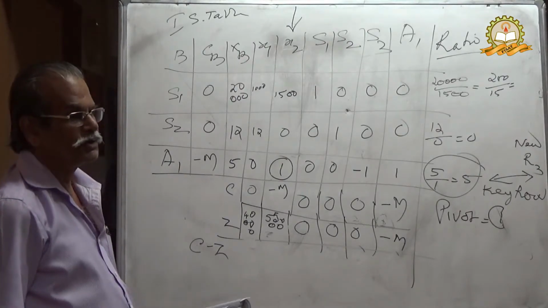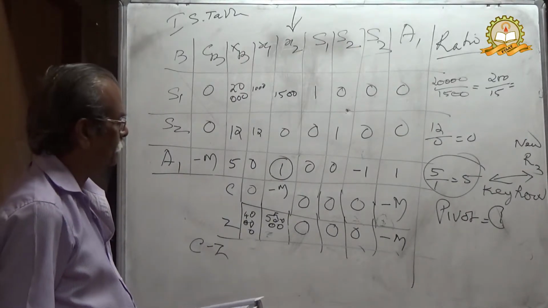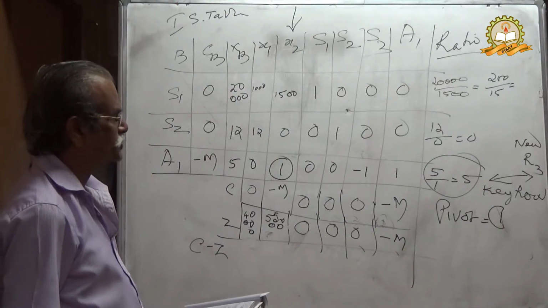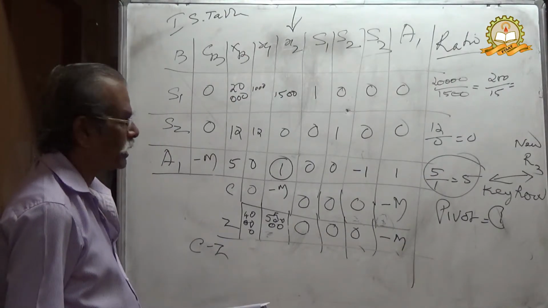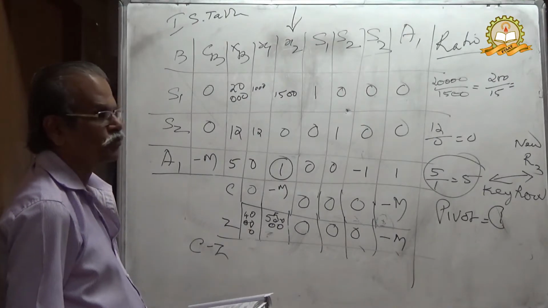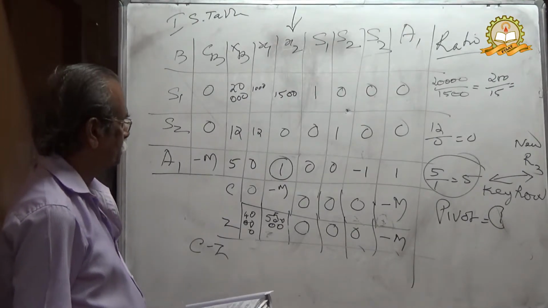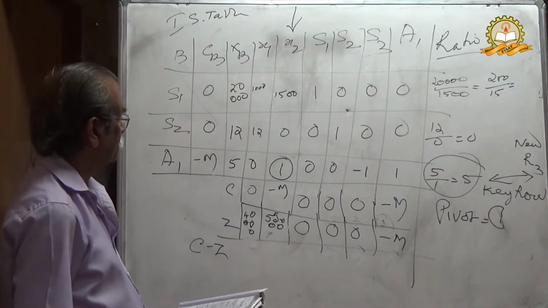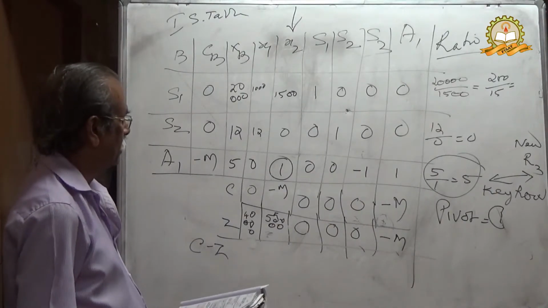Then, based on this new R3 and the cell values, we construct another revised table.